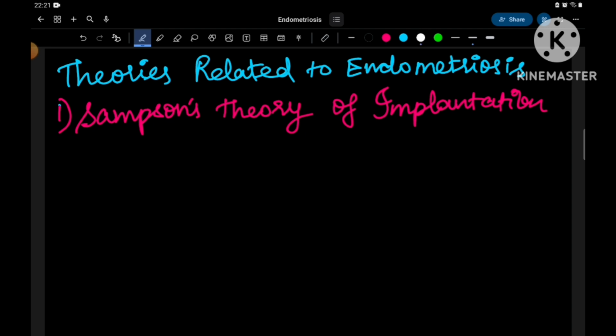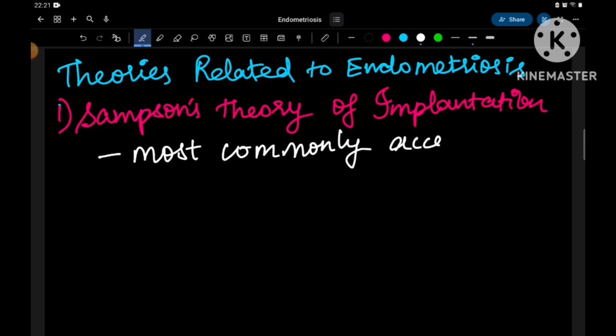Let's see that. First of all, this theory is the most commonly accepted theory. We'll see another couple of theories after this, but this is the most commonly accepted theory, right? And what is this theory? This theory says endometriosis occurs because of retrograde menstruation.